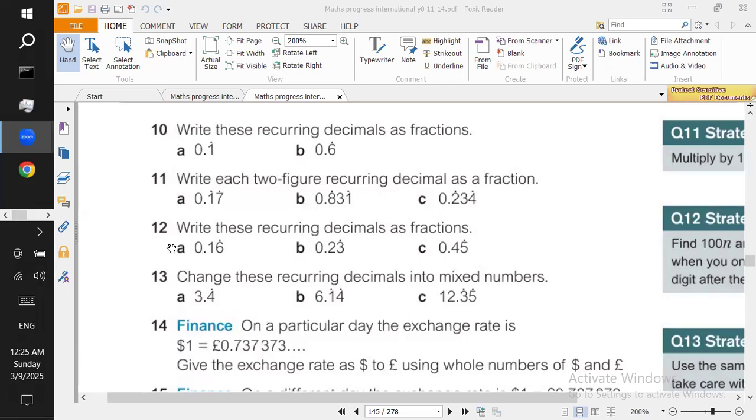Now, we will talk about 12 and 13. 12 and 13, they have the same ideas, but the answer will be as a fraction. Here, it's going to be a mixed number because we have a whole number, which is the 3. Now, question 13 is the same as 10. You just remove the 3 on the side, and then work out the rest of the question, okay?